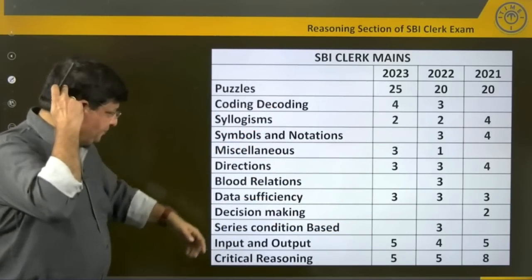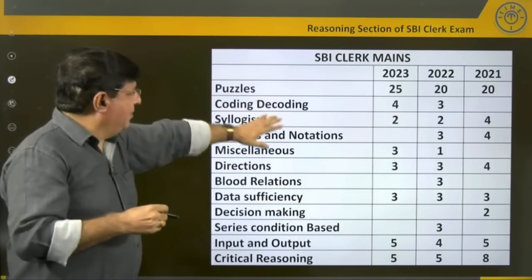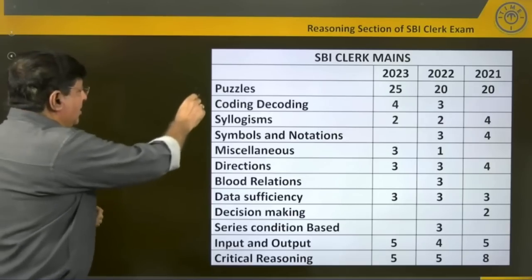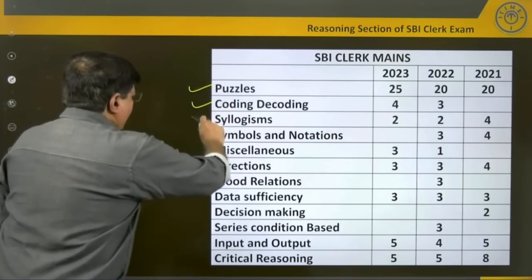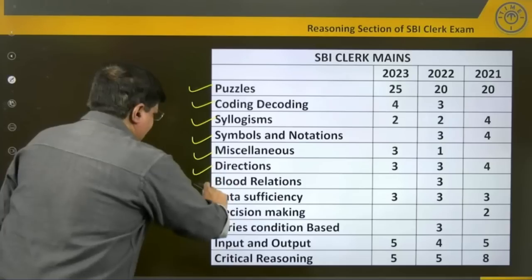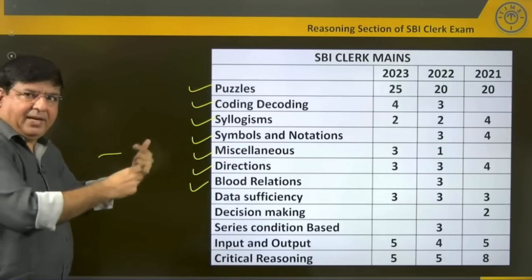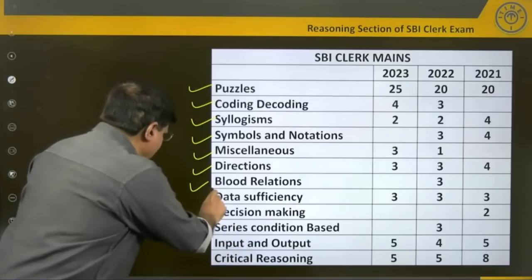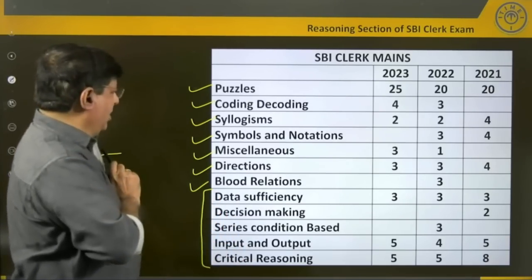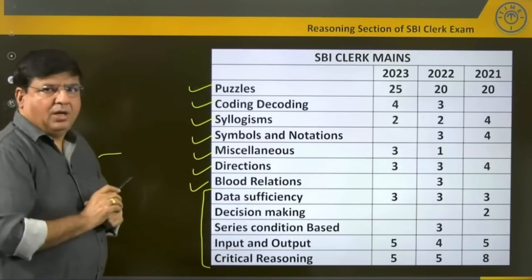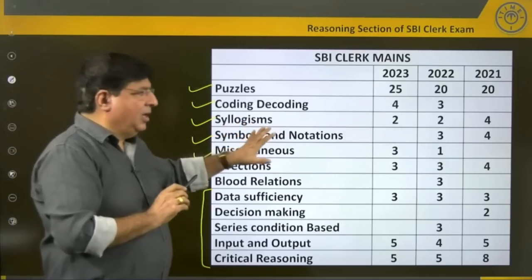Okay, so now this is about the mains. These are the topics. The first few topics, puzzles, coding, syllogism, symbol, miscellaneous, direction, blood relations, are the same as given in prelim. I have repeated this earlier a number of times. These are the topics which are exclusive for the mains. These four topics are exclusive for the mains.